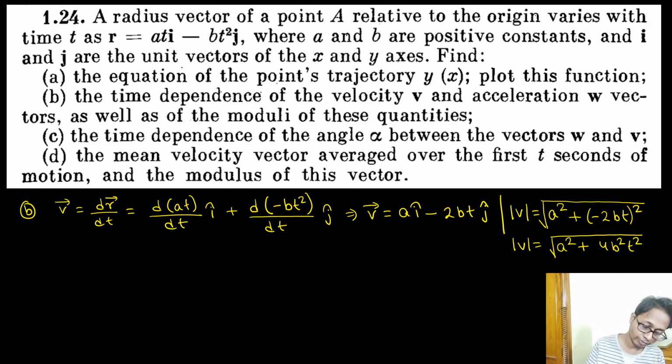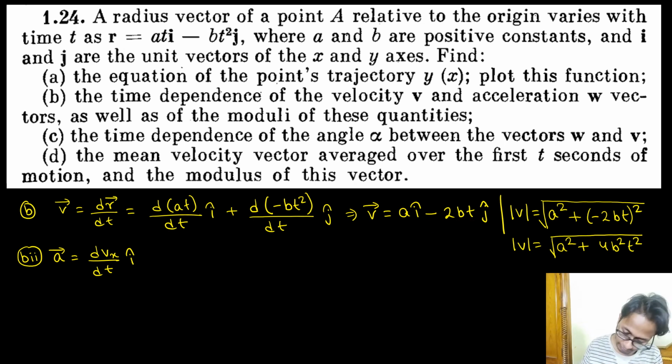Now the second part of the question is, find the acceleration vector. The acceleration vector is nothing but dvx by dt i, where the x component of velocity is this one, and the y component of velocity is this one, plus dvy by dt j.